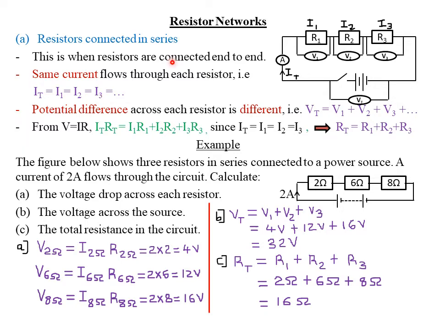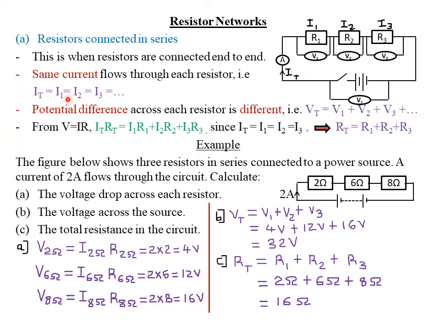For example, if we had 4 resistors in this particular diagram connected in series, the equation would be I total, that is the current through the source, must be equal to the current through the first resistor, R1, must be equal to the current through the second resistor R2, must be equal to the current through the third resistor I3, must be equal to the current through the fourth resistor, that is if it was there, I4.